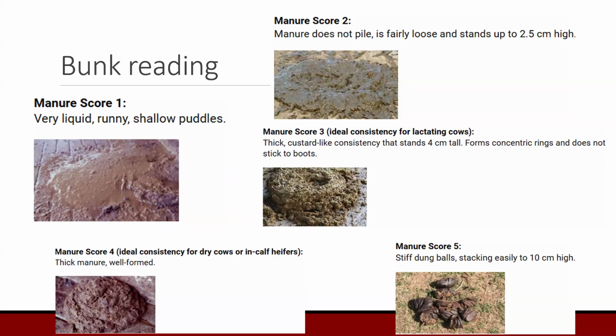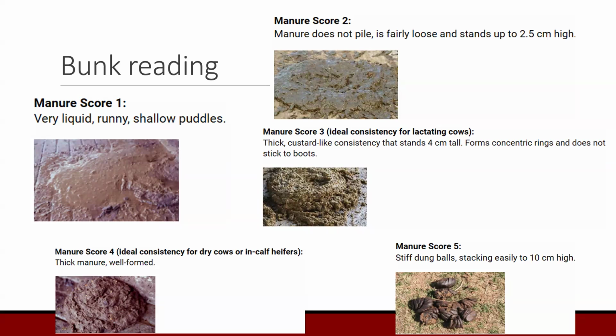Manure score 3, so this would be the ideal consistency for a lactating cow. Thick, custard-like. You guys may never eat custard again, okay? And would stand about 4 centimeters tall, and then it forms these concentric rings around the center, and it will not stick to your boot, according to this scoring system.